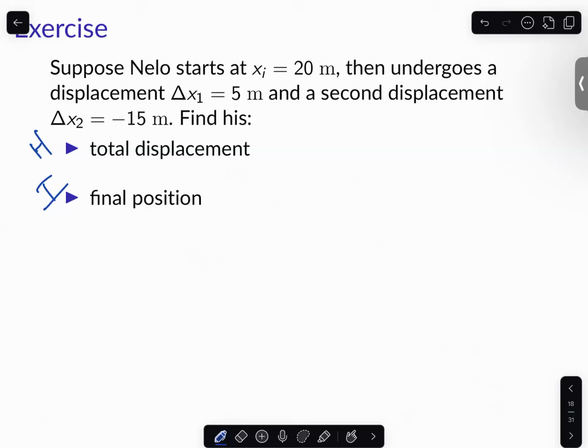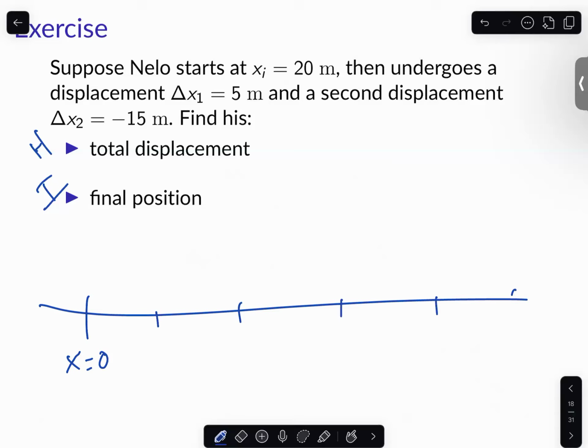Okay, so I'm going to remind you, if you're on the struggle bus, draw a number line. Let me sketch one out. X equals 0 here, 5, 10, 15, 20, 25. I'm going to start here. Here's my very initial position. Where do I move? I move 5 meters. Which way do I move? Here at time 1, I have displaced delta x equals 5 meters.